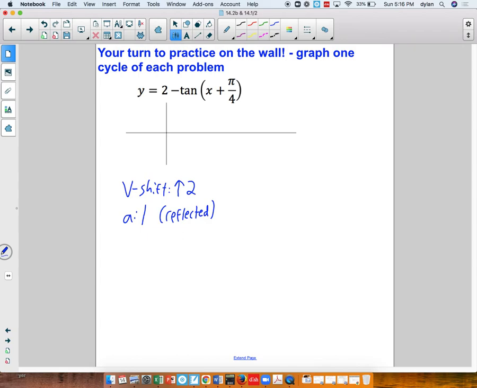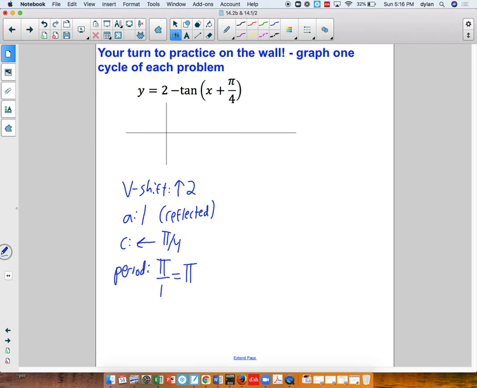We have a phase shift, so a horizontal shift, or C value, that goes to the left pi over 4, because it's plus pi over 4. And then our period is pi over 1, which is just pi in this case, because our b value is 1.